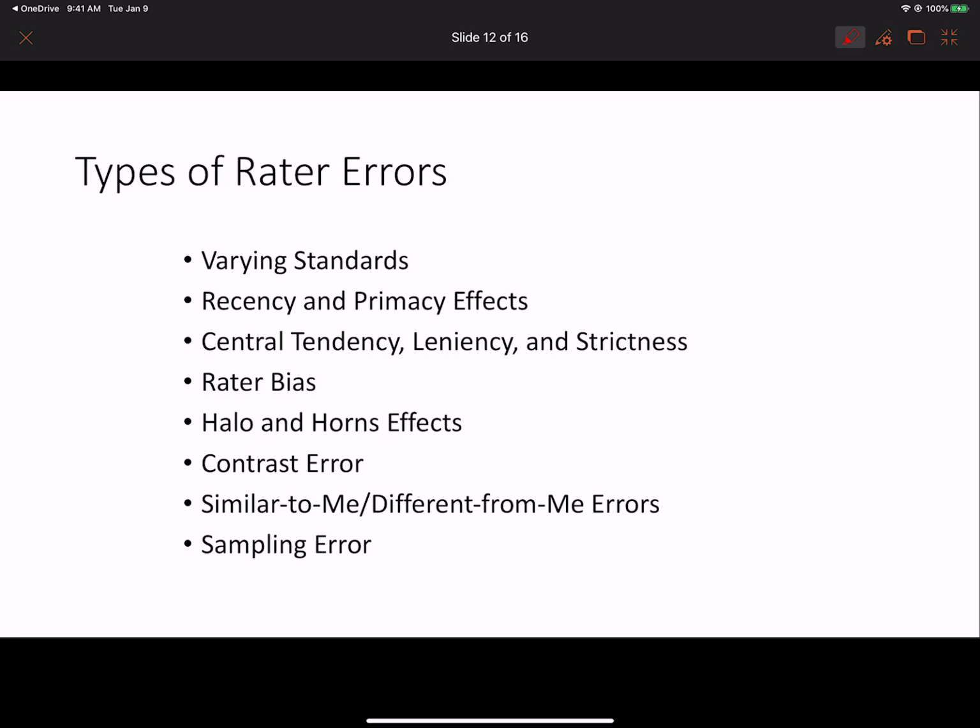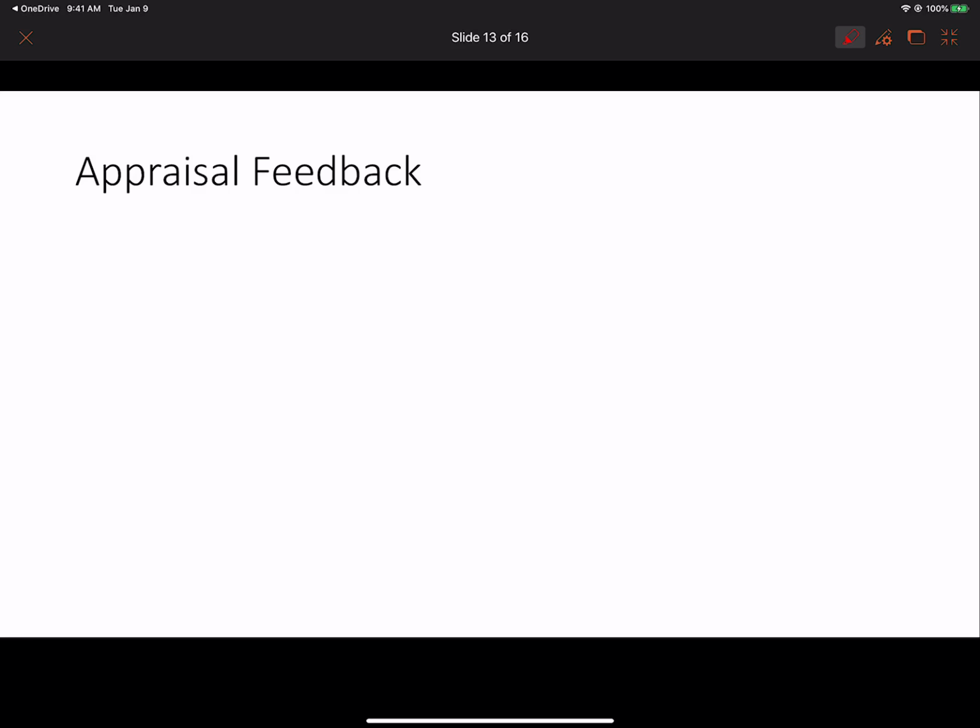And sampling errors, when you are rating people and ranking people, when you take a look at good workers versus poor workers, do you have a large enough pool to be able to derive a representative sample of the population groups? So those would be examples of some rater errors that happen quite often in business.